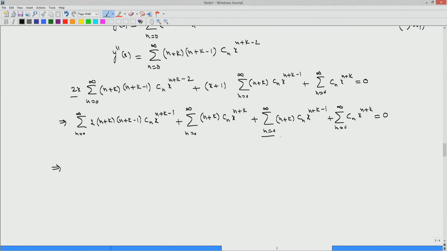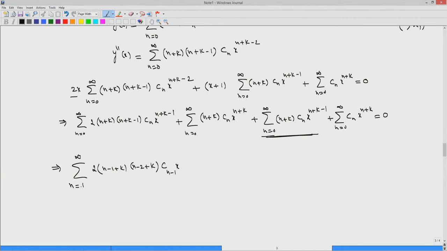For example here, you can change the index, you know how to do it now. You do the same thing here, n goes to n minus 1, so this is running from 1 to infinity. So 2 times n minus 1 plus k, n minus 2 plus k, c n minus 1. Sorry, n plus 1 you have to replace.